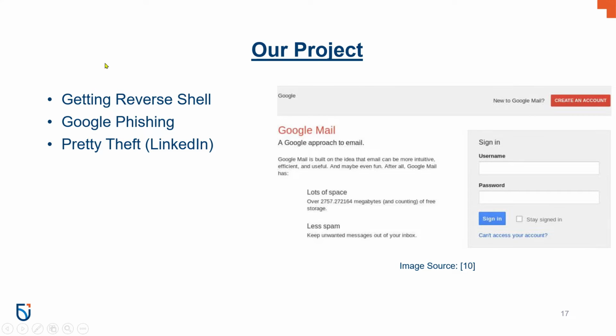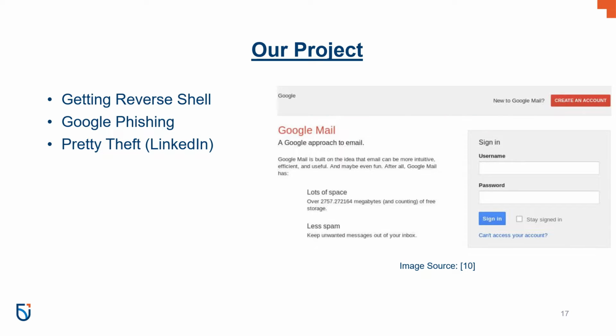Google phishing is just like the one I showed you previously with the chat. You can create a link and give this link to the user. After clicking on the link, the user will get a web page just like this, which looks like Google's login web page. And if they try to log in, they won't be able to log in.